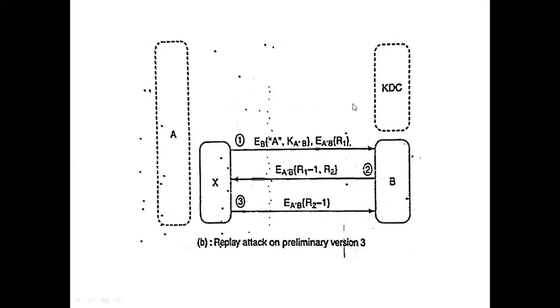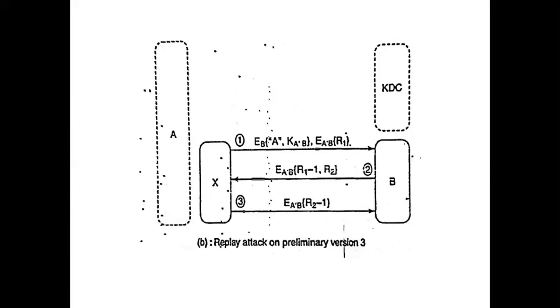In preliminary version 2, B was reporting to the KDC, but here A is reporting to the KDC. So X attempts to steal A's password or long-term key.